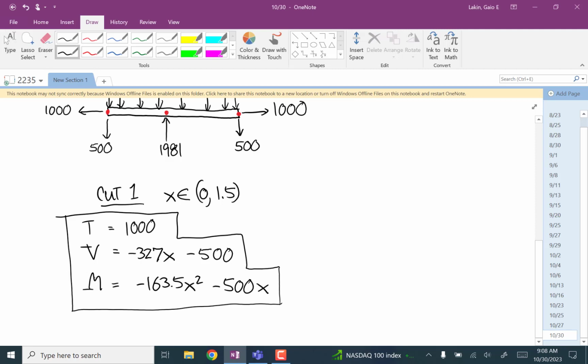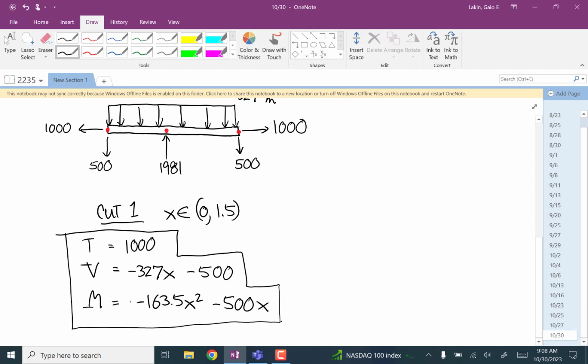We've talked about the fact that you should always be able to take the x derivative of the bending moment and get the shear force. There's something else brewing here that isn't as obvious to see, but if you take dV/dx, you get negative 327 in this case.